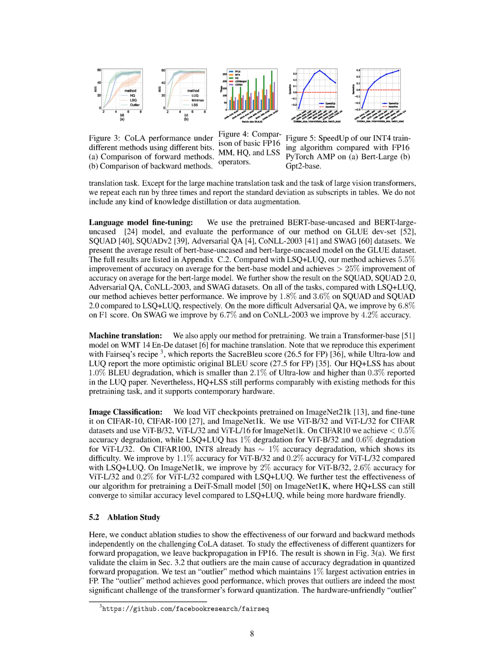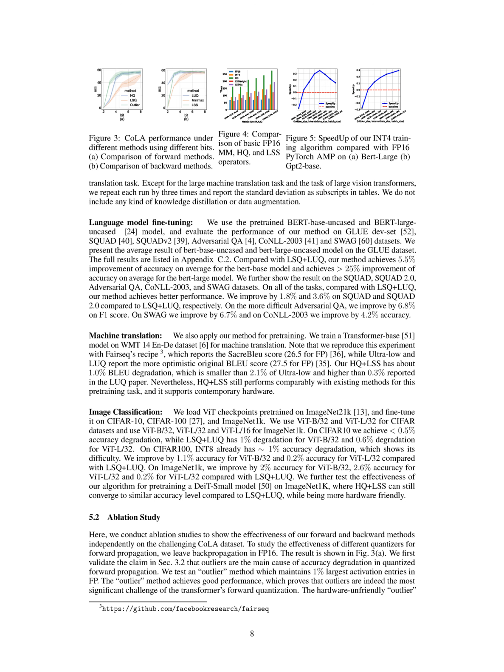Even on more challenging datasets like Adversarial QA, we recorded a rise of 6.8% in the F1 score, a measure of the model's accuracy. Moreover, our method outperformed LSQ plus LUQ by 6.7% on SWAG and by 4.2% on CoNLL 2003 in terms of accuracy.